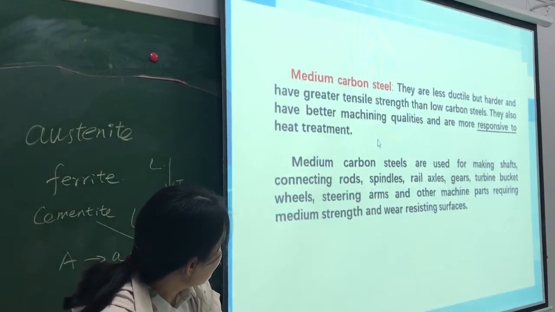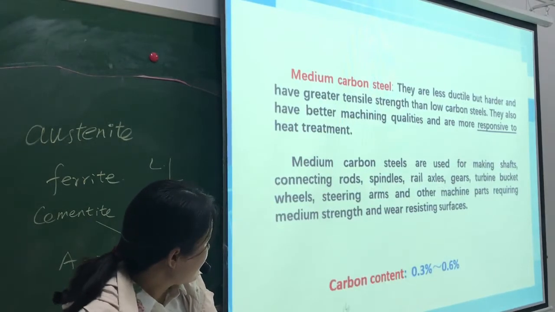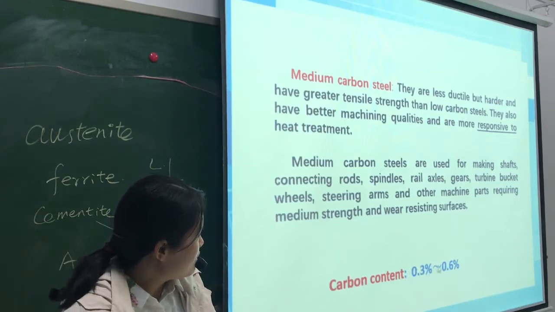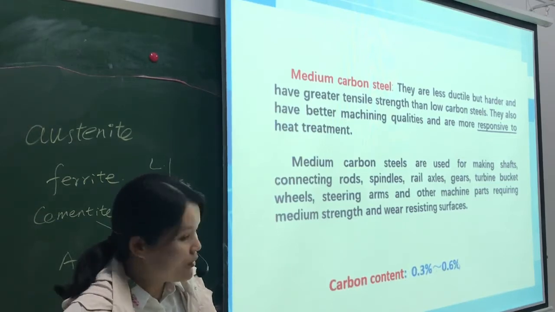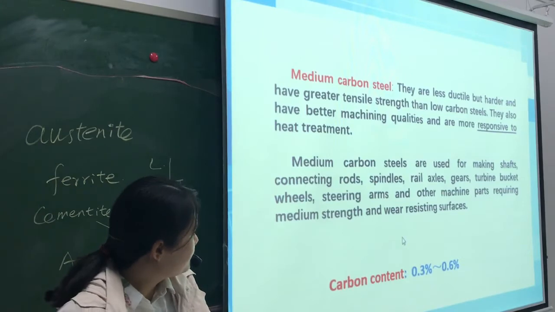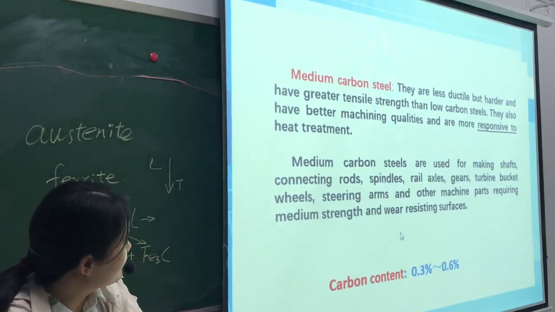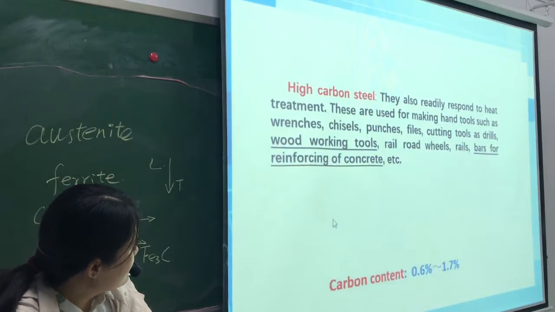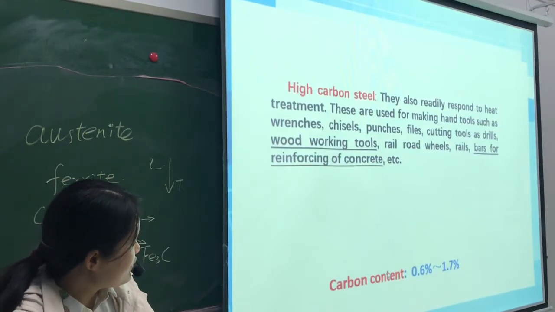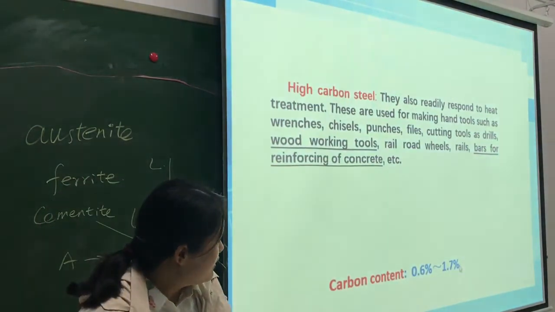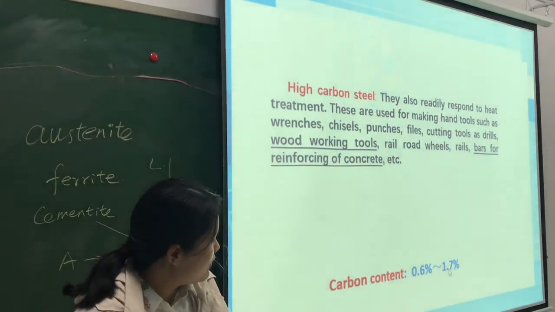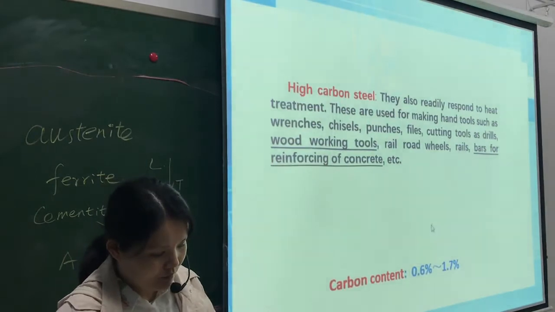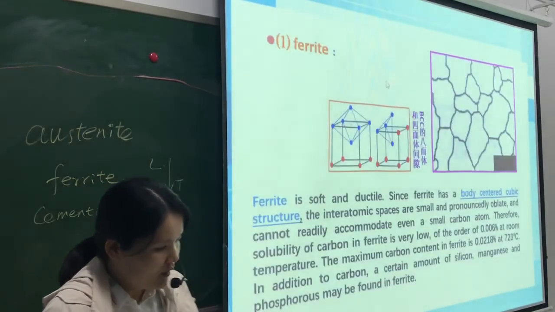The medium carbon steel carbon content is between 0.3% and 0.6%. High carbon steel carbon content is less than 1.7%.